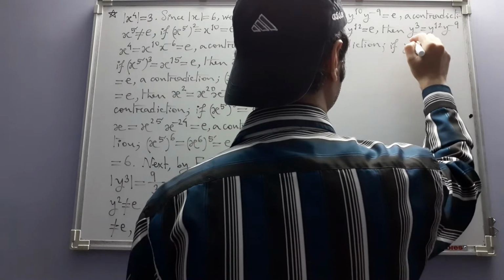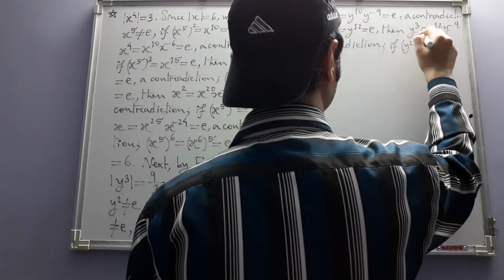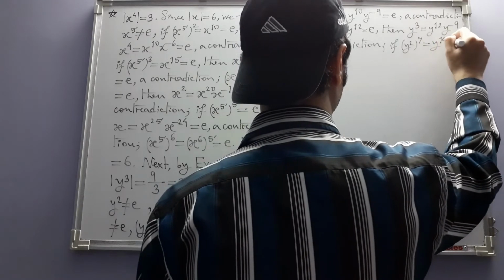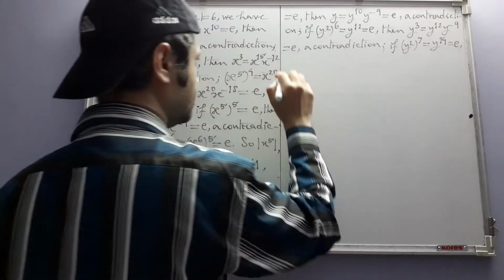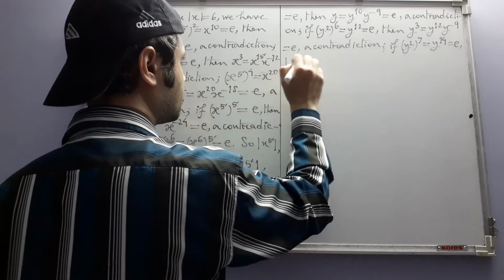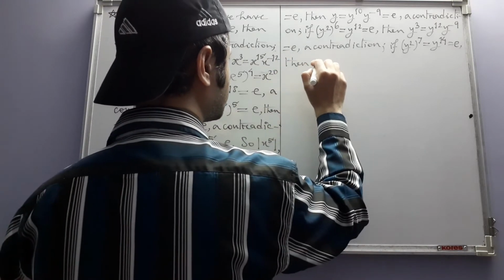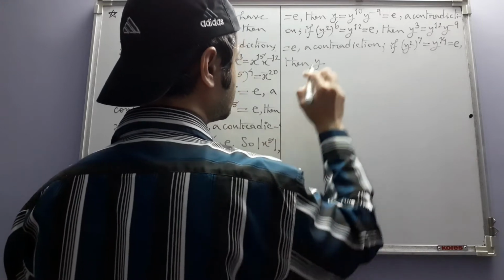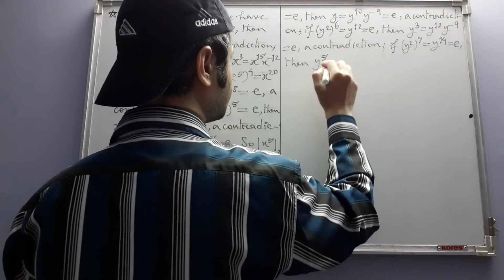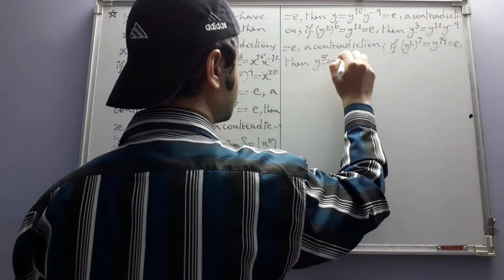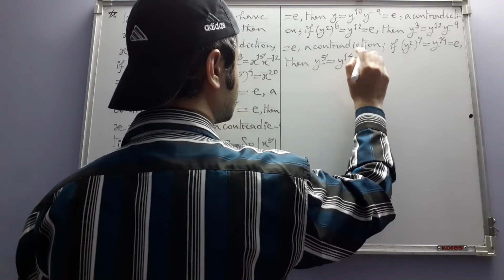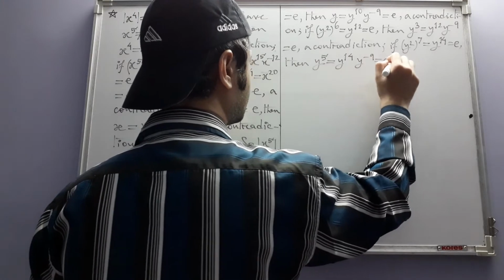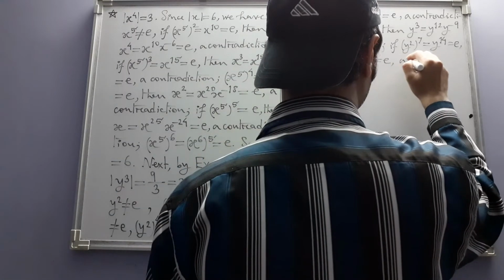If y squared whole to the power 7, which is y to the power 14, is identity, then y to the power 5, again a contradiction.